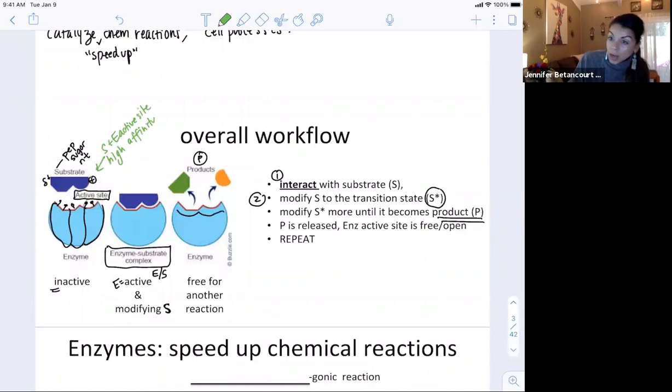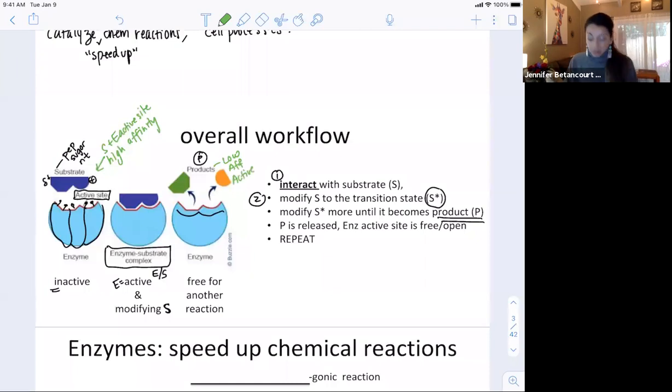Affinity just means attraction. The molecular surfaces are attracted. They have a high affinity for one another. That's how they come close together, and that's how they bind. Once you start shuffling things around, you're changing the molecule's properties. So you're actually lowering the affinity, and so the products here have a low affinity for the active site.